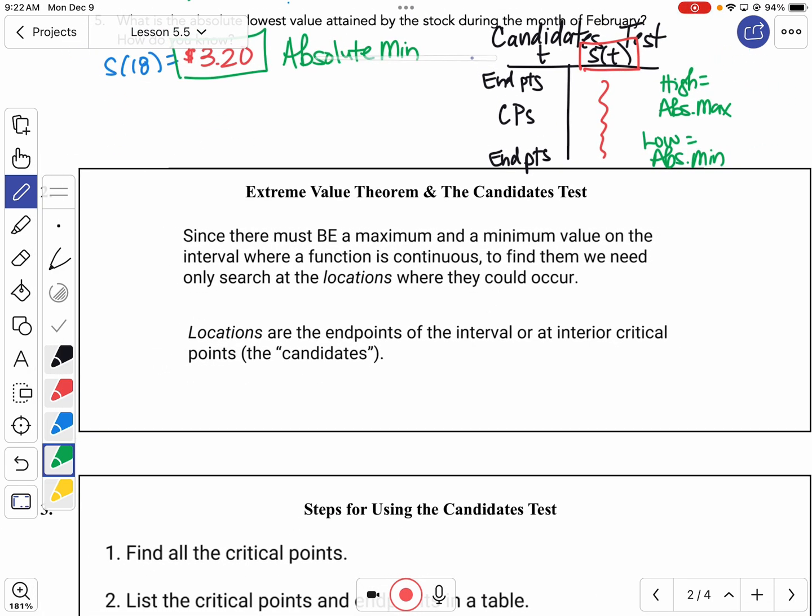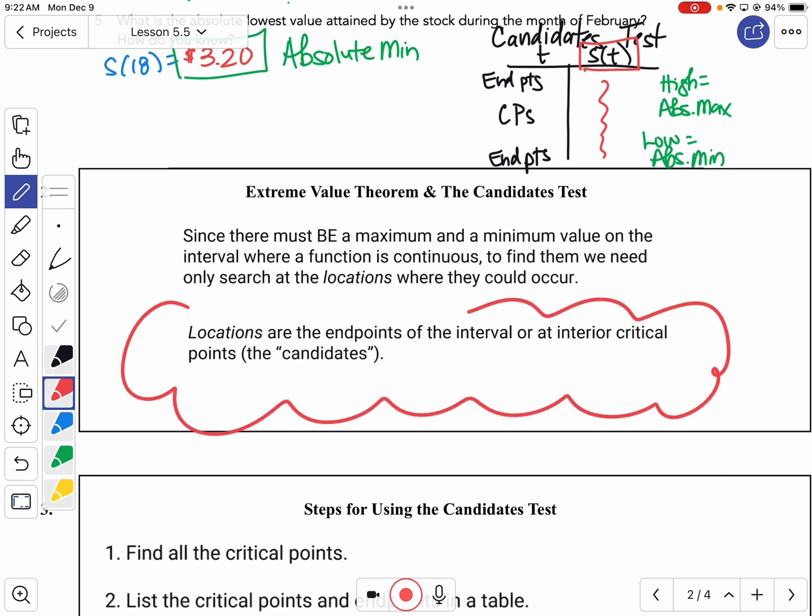This is just a direct correlation to the extreme value theorem. The thing to remember is that your candidates are the endpoints and the critical points. That's the biggest thing. When we use a candidates test looking for absolute maximum, the problem will phrase it in a way that tells you to use the candidates test.